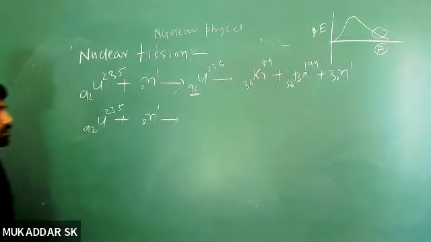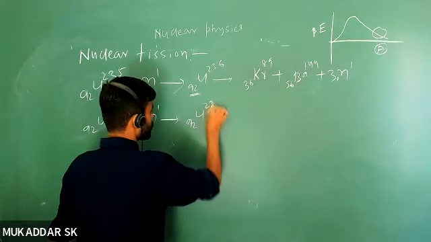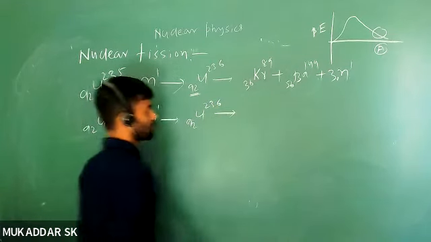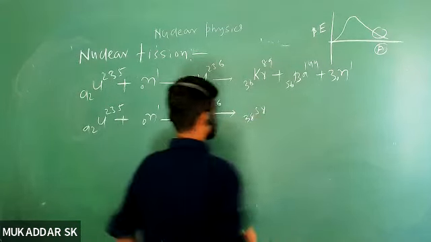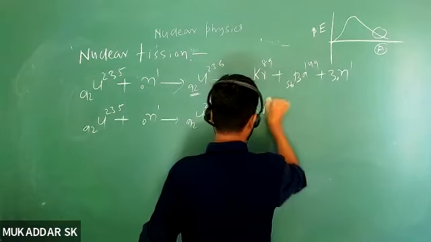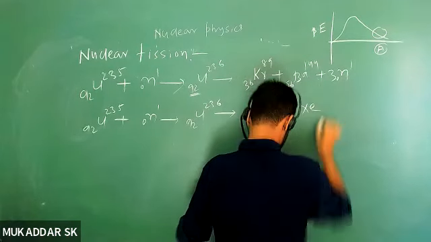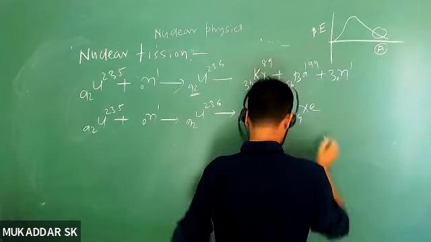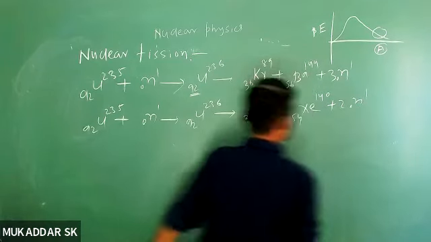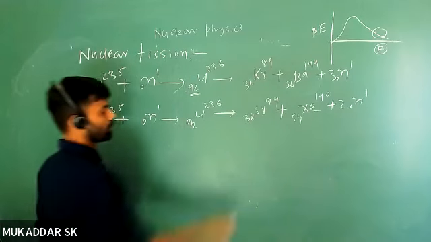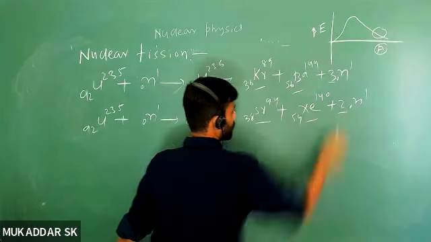So again it will be 92 235, it will go to strontium 38, then you have 94 plus xenon 54 and 140 plus 2 neutrons. Now you can understand. So here that X is this, Y is this, and k is this.